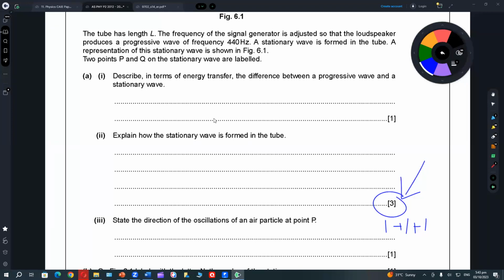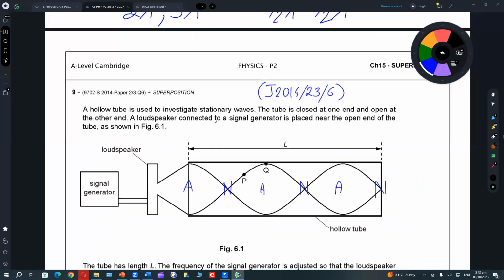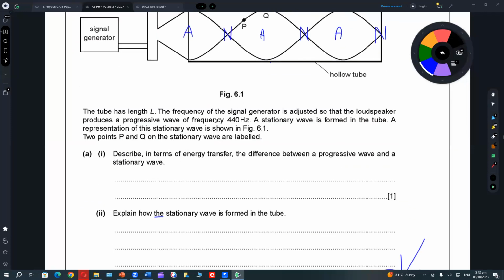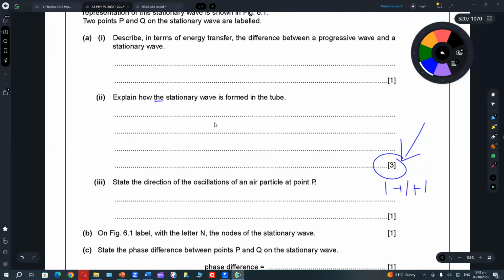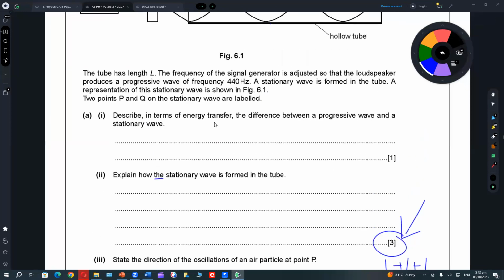He is using the word "the", which means he's talking about this one. So you will say that... what should I say? What's the main concept? A stationary wave is formed by the superposition of incident and reflected pulses.